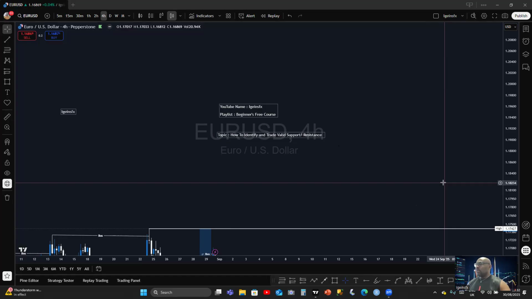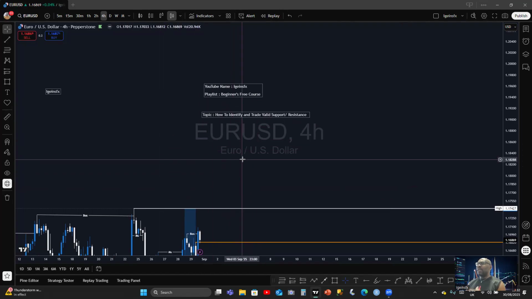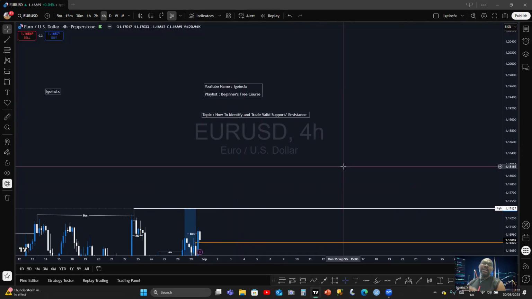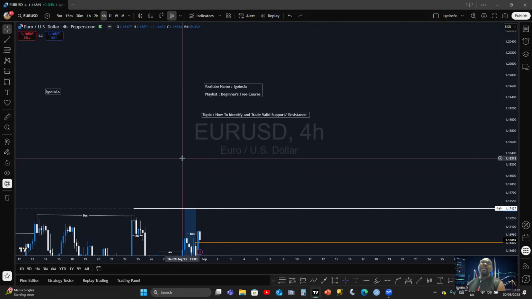All right, today's episode, I'm going to be teaching you guys how to identify and trade valid support and resistance levels. Because not all support and resistance levels are valid, but the ability for you to identify a real valid support and a valid resistance gives you an edge in the market.